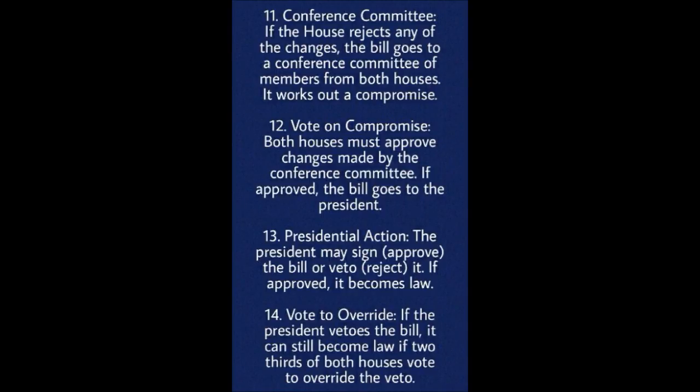Step number 13. Presidential action. The President may sign, approve, the bill, or veto, reject it. If approved, it becomes law. Step number 14. Vote to override. If the President vetoes the bill, it can still become law if 2/3 of both houses vote to override the veto.